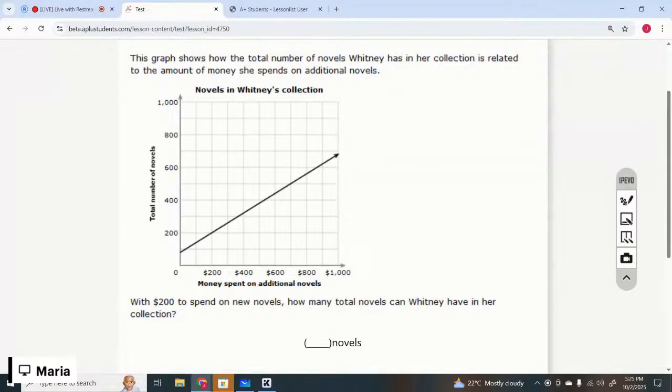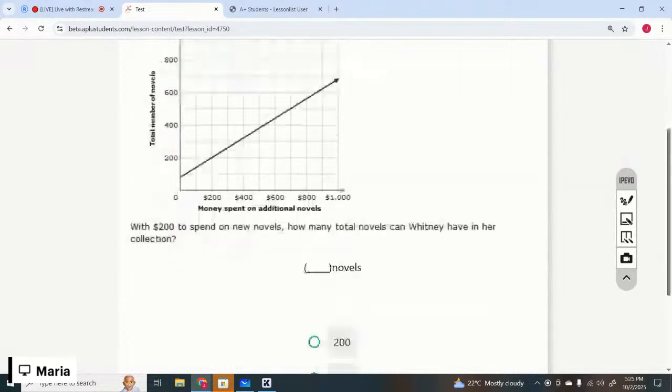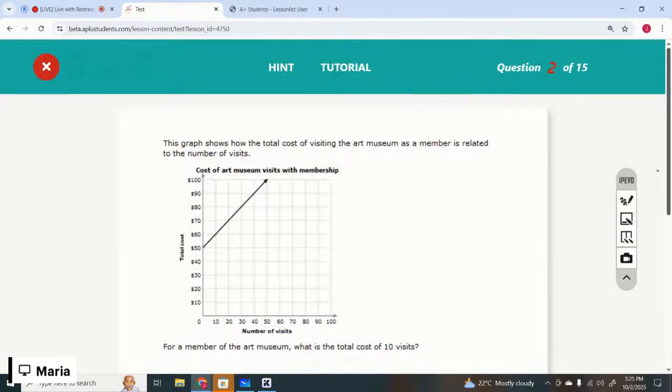With $200 to spend on new novels, how many total novels can Whitney have in her collection? So that is 200. Option number one is the correct option.